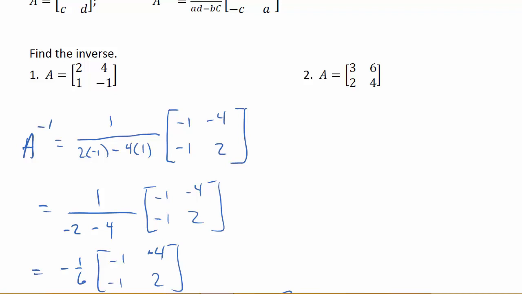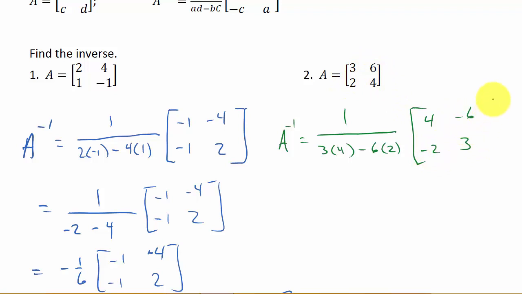Alright, now let's look at this one. So we've got A inverse is equal to 1 over A times D, so 3 times 4, minus B times C, 6 times 2. And then we swap these two, so that's 4, 3, and then change the sign of these, so that's negative 2, negative 6.